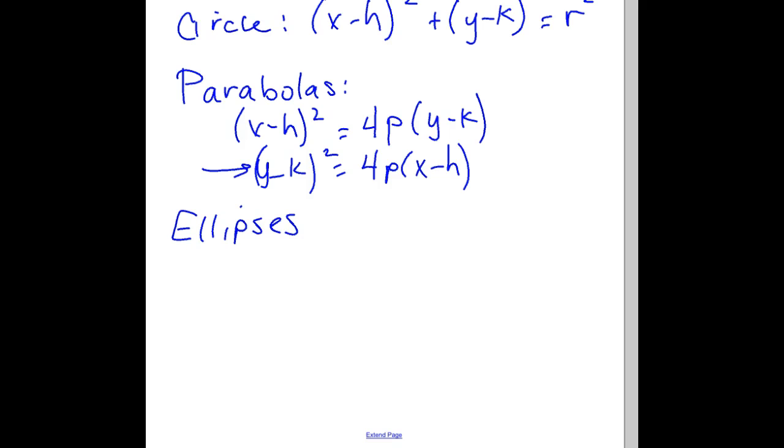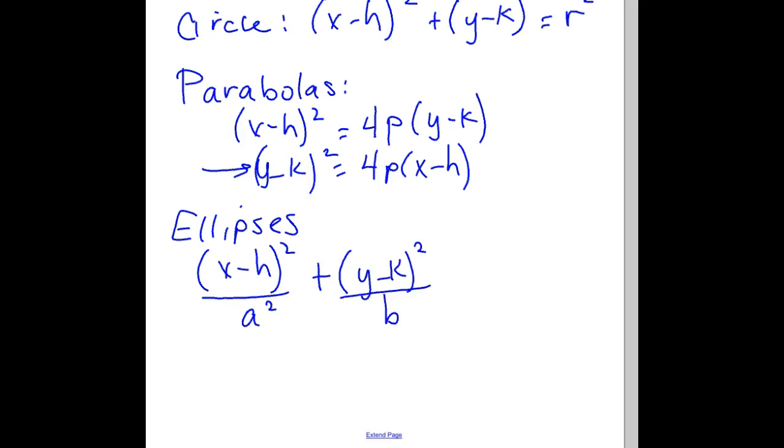What's our generic formula for the ellipse? Which ones flip-flop to get the other version of this? Right.